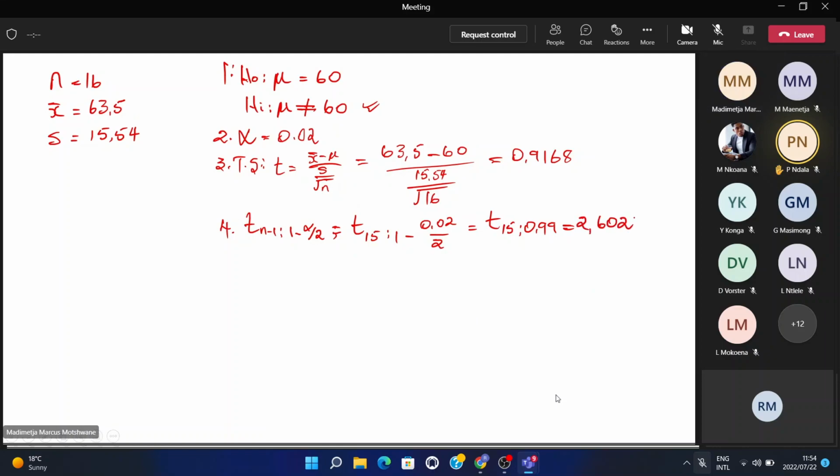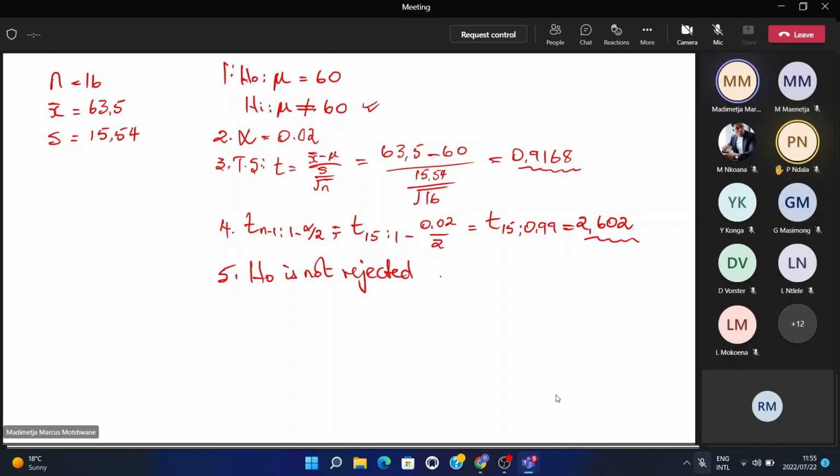So that's our critical value. And we can see the calculated value of 0.9168 is less than the critical value. Therefore, at step number 5, the null hypothesis is not rejected. It is accepted.